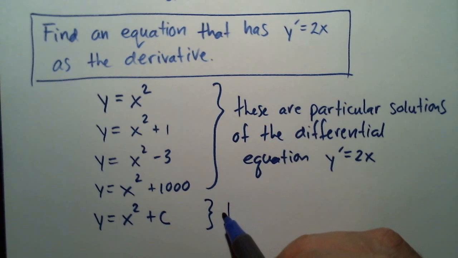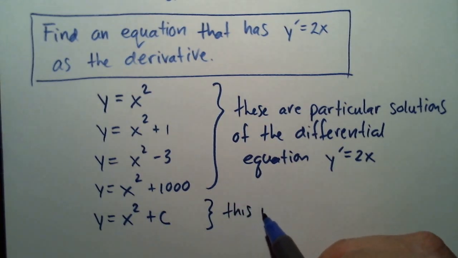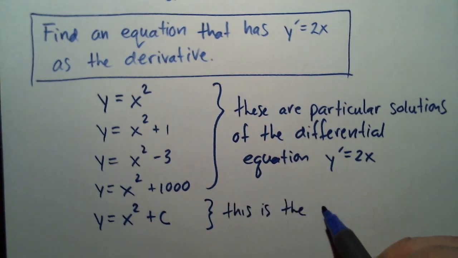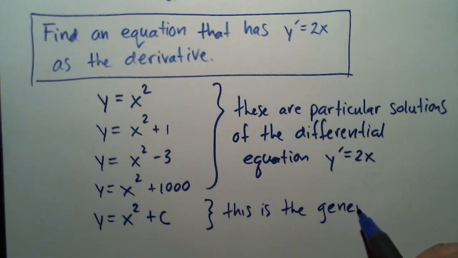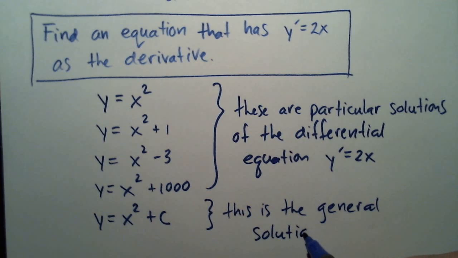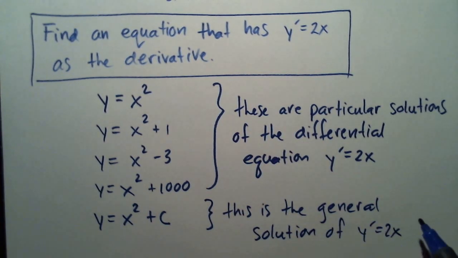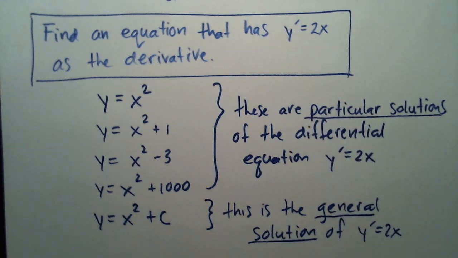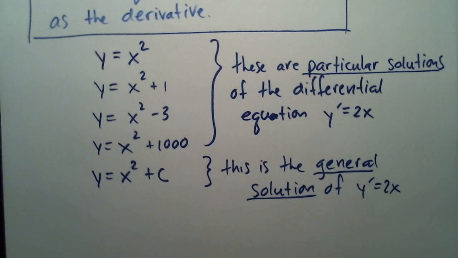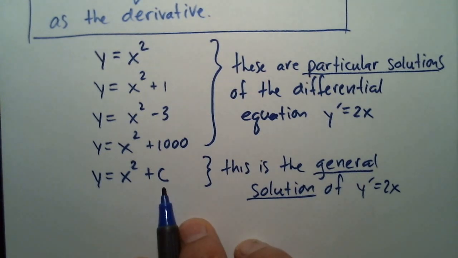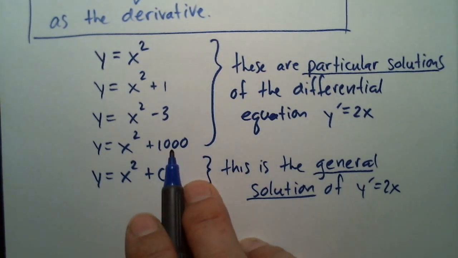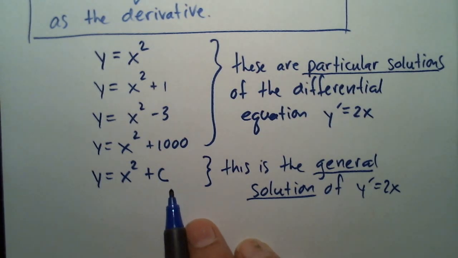This is called the general solution. So we have particular solutions and then a general solution. So a general solution will always be generalized. The constant is not a specific constant, it's a general one.